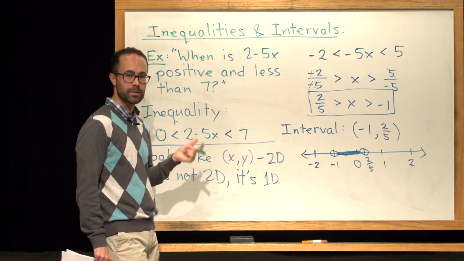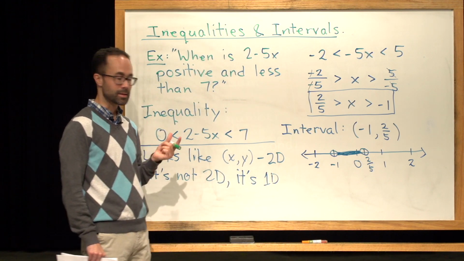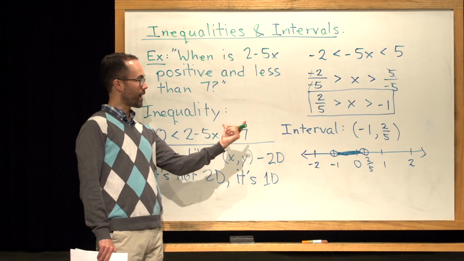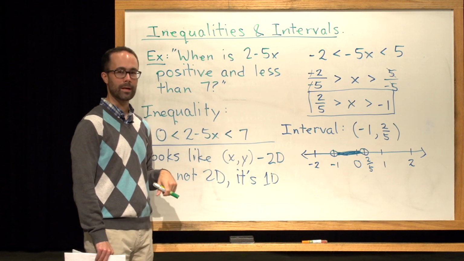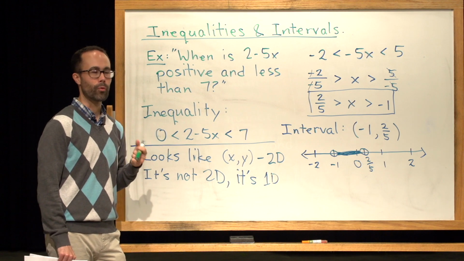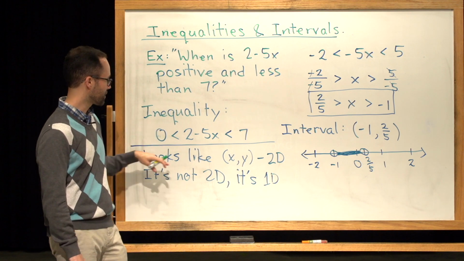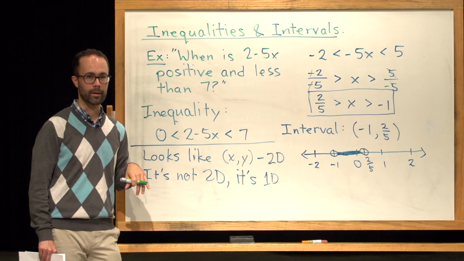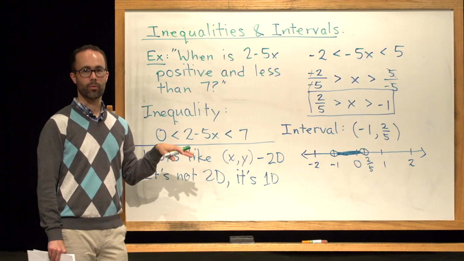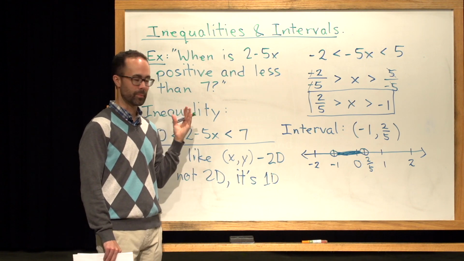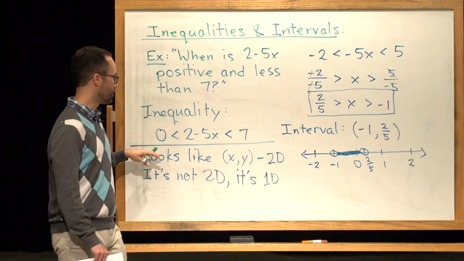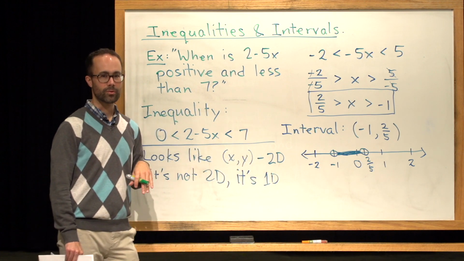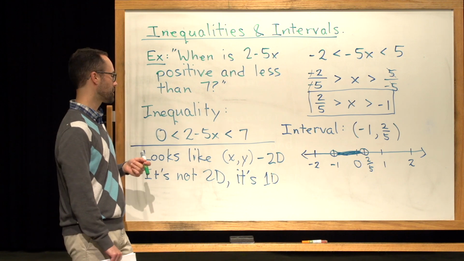One thing that's especially important with an interval like this is, since we have parentheses and since we have two numbers listed with a comma in between, it looks a lot like a point in two-dimensional space. So it looks like something like an x comma y, where we think of x as a horizontal and y as a vertical dimension. So if you're not watching the context, you might think at first that it's a two-dimensional point in space.